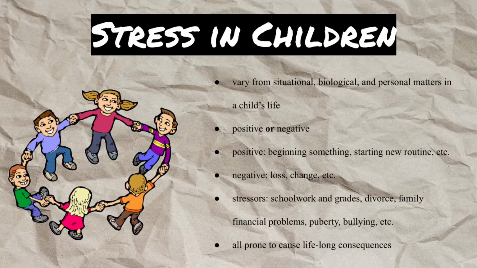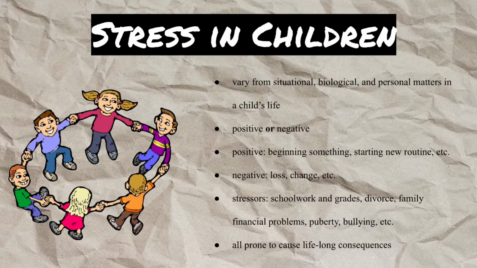So first I'm going to explain and define what stress in children looks like. When there is stress present in children's lives, it can vary from many different things. Often it is situational and it has to do with the child's personal life.